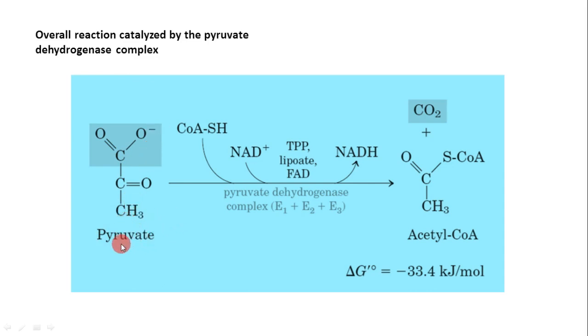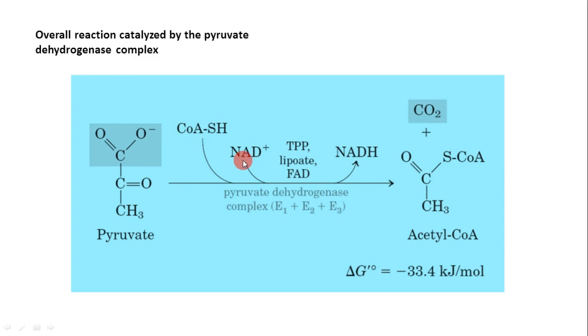Then this pyruvic acid undergoes oxidative decarboxylation, and as a result there is a decarboxylation, that means elimination of one carbon dioxide. Normally the carbon dioxide is eliminated from the COOH group.